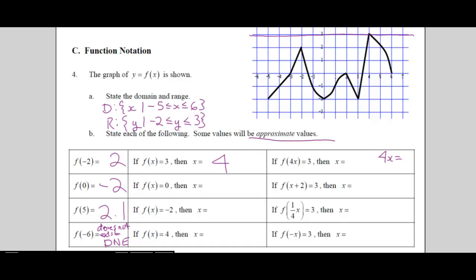Here, what did you say? You said f of 4 is equal to 3. So I said, what's the x value when y is 3? And you said it's 4. That 4x needs to be a 4, because when y is 3, I know that the input to the function is 4. So I need 4x to equal 4. What's x?